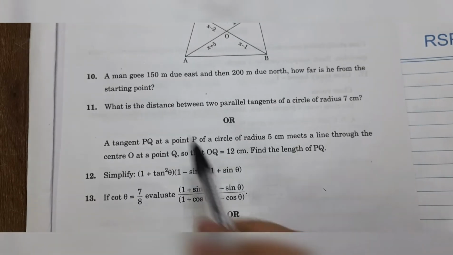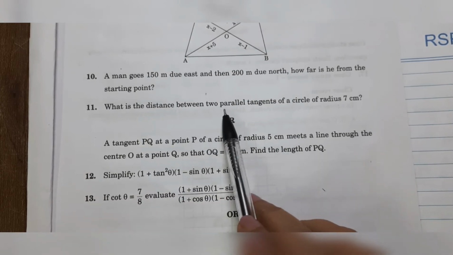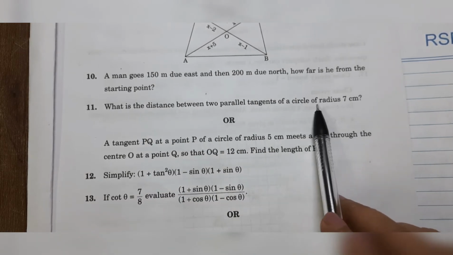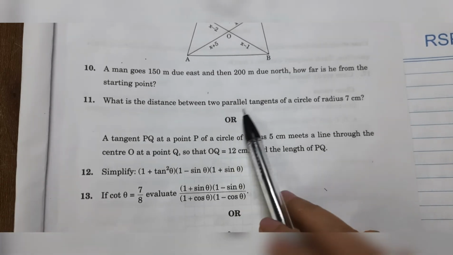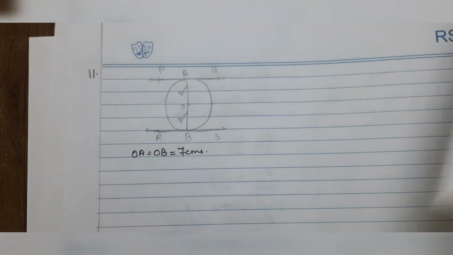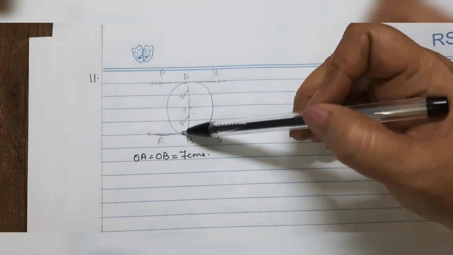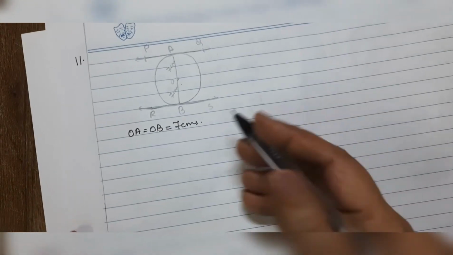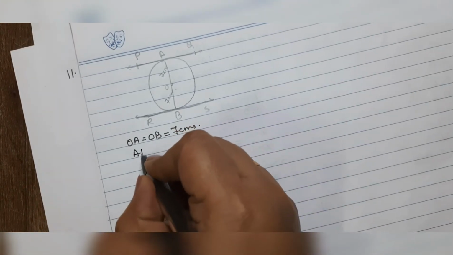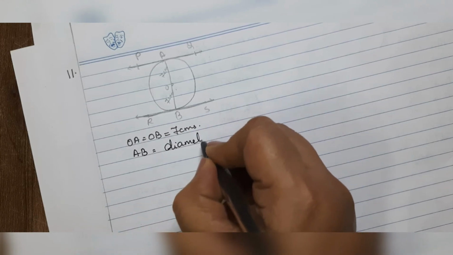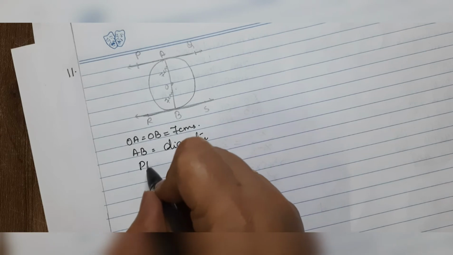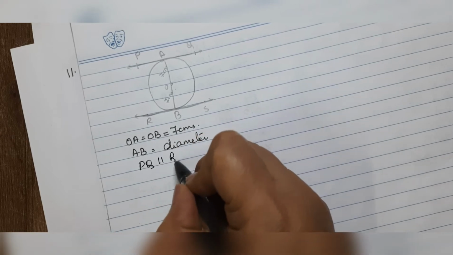Next question. What is the distance between two parallel tangents of a circle of radius 7 centimeters? So here parallel tangents are always drawn at the ends of the diameter. So here AB is the diameter.